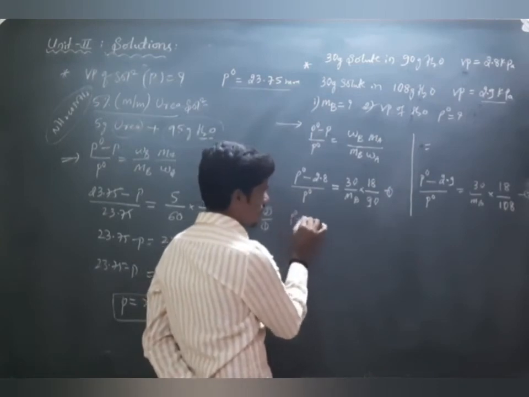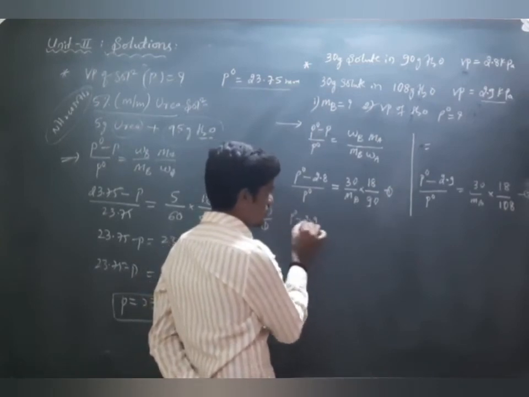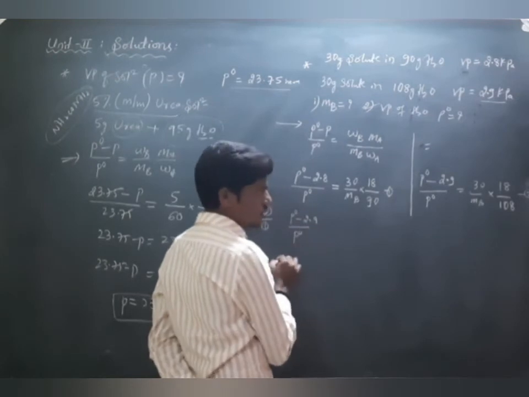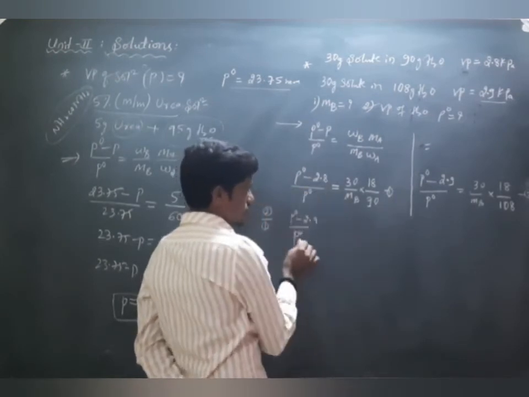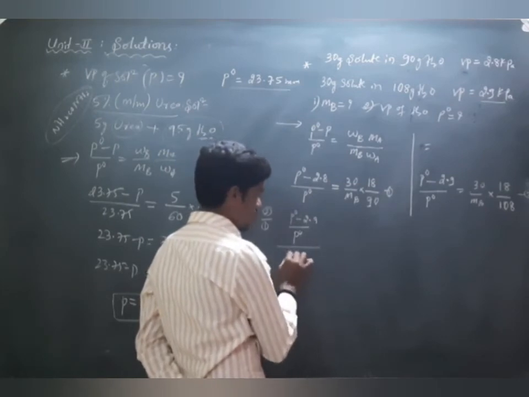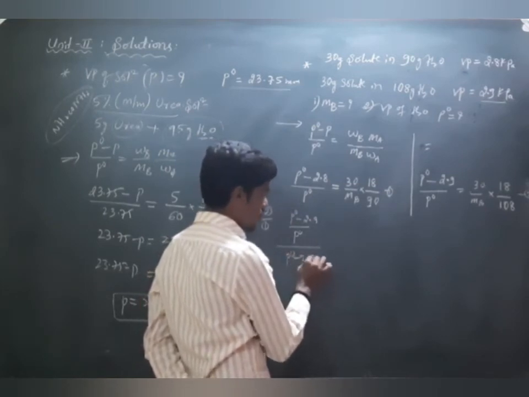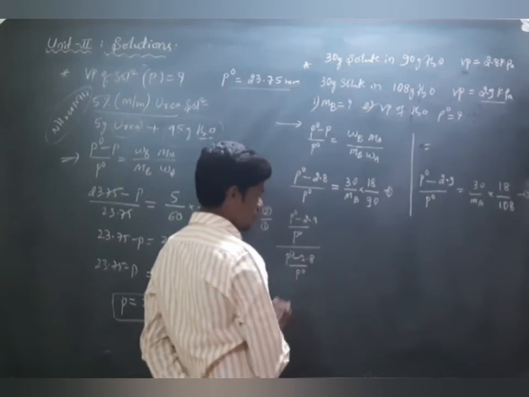On the LHS, (P naught minus 2.9) divided by P naught, divided by (P naught minus 2.8) divided by P naught.